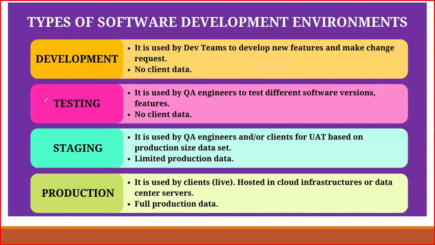Once application development gets started, the code is developed in the development environment. Developers will use the development environment, or dev environment in short form, and here they develop the application. Once the development is completed, they move that build to the testing environment.